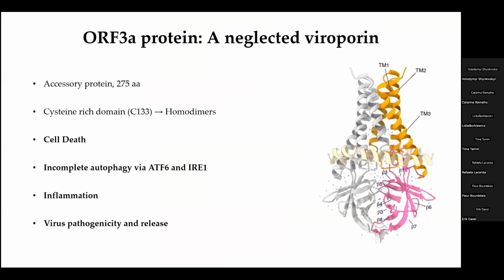But until 1 year before, until 2023, there was no known mechanism about how this protein is involved in these signaling cascades.